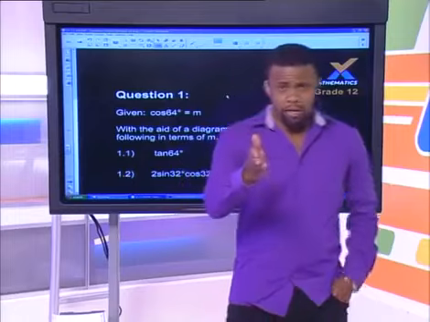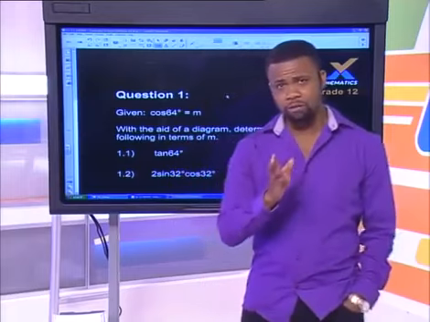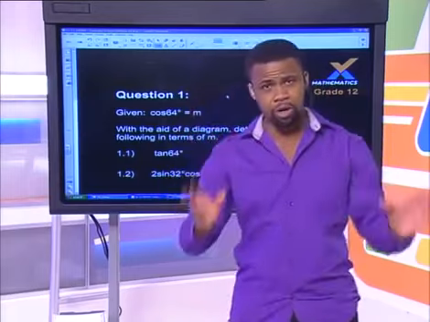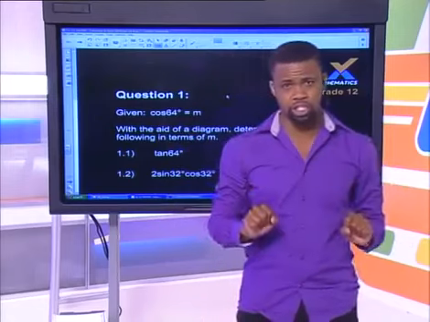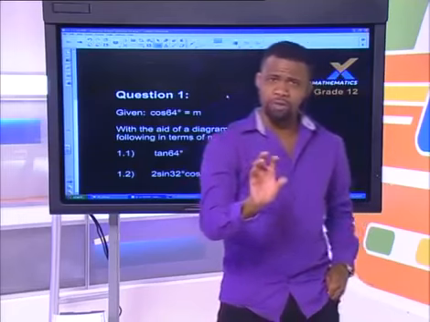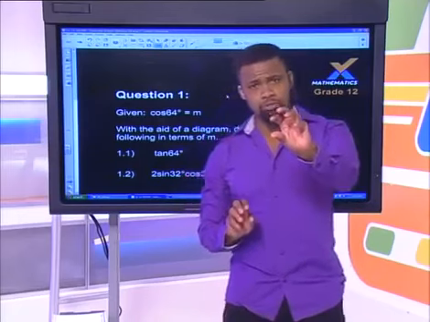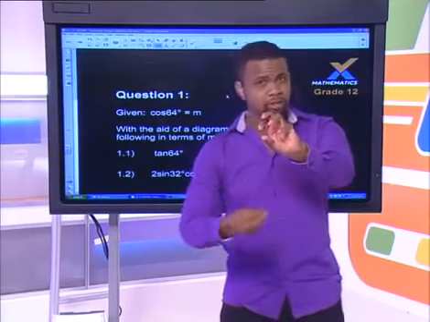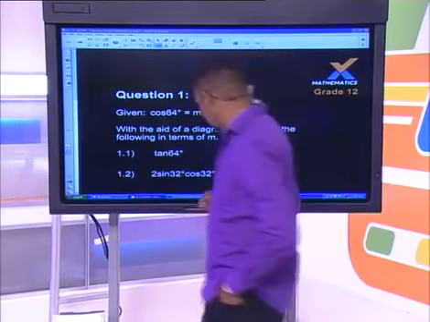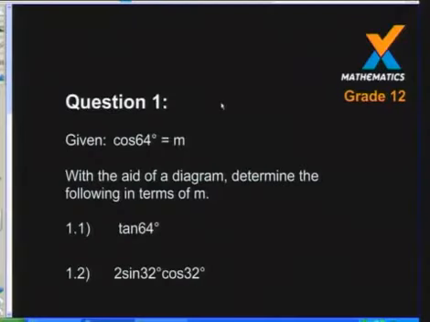Okay, guys. I have a question that I'll be solving now. What I'll advise you, before you tackle any problem, read the whole question. And if you have 1.1, 1.2, 1.3, and you can't solve 1.2, skip it. Solve 1.3. You'll come back later. So I have one problem here. Question 1. We've been given that cos 64 equals m.